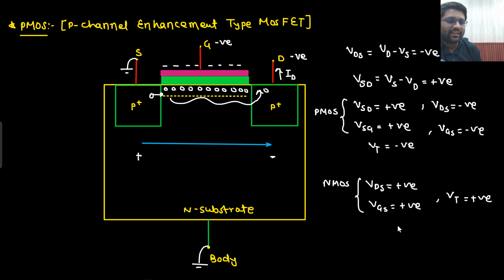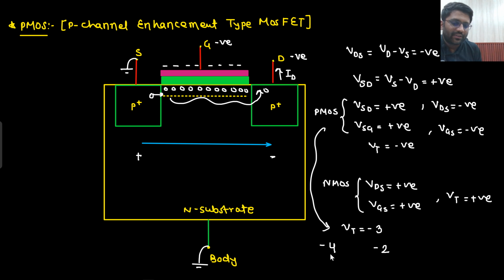Let's just say threshold voltage is minus 3 volt. That means I need to apply minus 3 volt to get the inversion layer. If I am applying minus 4 volt, will I get the inversion layer? And if I am applying minus 2 volt, will I get the inversion layer? My threshold voltage for PMOS is minus 3.